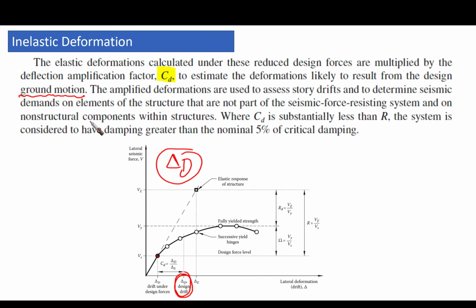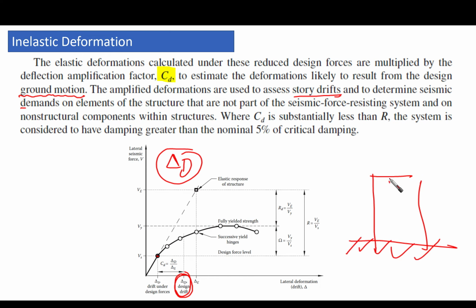For two important reasons. These amplified deformations are necessary for story drifts, we need to know the story drift, and to determine the seismic demands on elements of the structure that are not part of the seismic force resisting system.